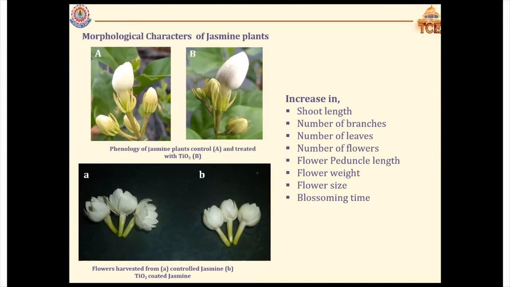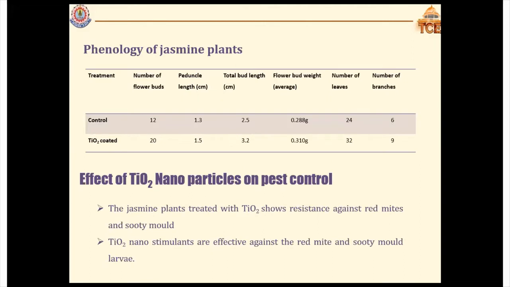The flower weight and flower size are also increased, and the blossoming time is increased by 2 to 3 hours. The blossoming time of the treated jasmine flowers is 2 to 3 hours longer than the untreated one. Here the table shows the comparison between the control and TiO2 treated jasmine plants.